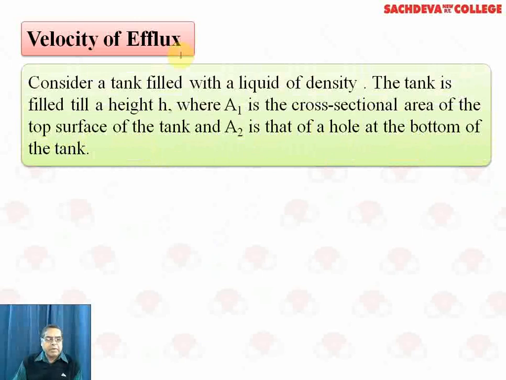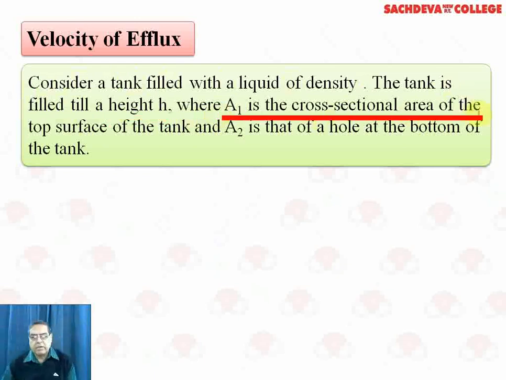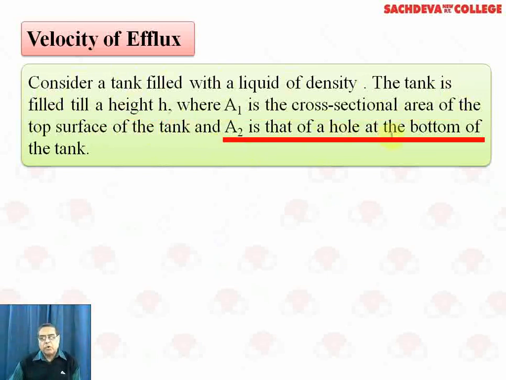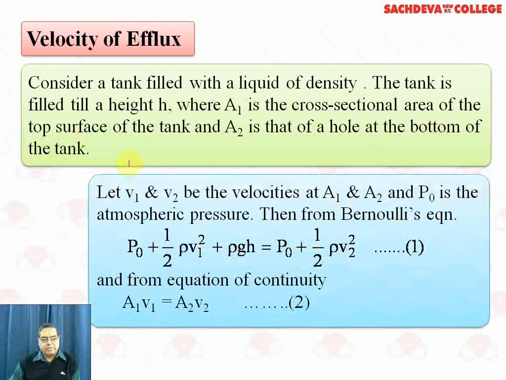Now we come to the main context. Consider a tank filled with liquid of density ρ. The tank is filled till height h, where A1 is the cross-sectional area of the top surface of the tank and A2 is that of the hole at the bottom of the tank.